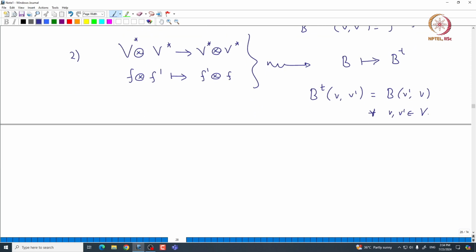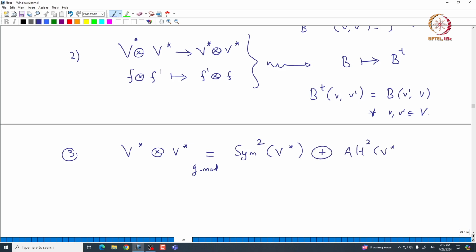Now if you look at the decomposition of V star tensor V star, we have already seen that as a G module there is this natural decomposition. This is isomorphic to Sym^2 of V star direct sum Alt^2 of V star.